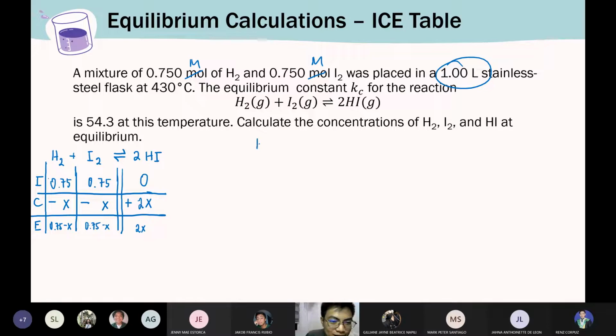Okay, so let's write equilibrium constant Kc equals products over reactants. Huwag kakalimutan. So HI squared. And then sa denominator, so yung reactants andon. So H2 and then I2.